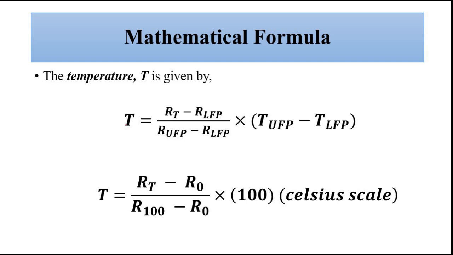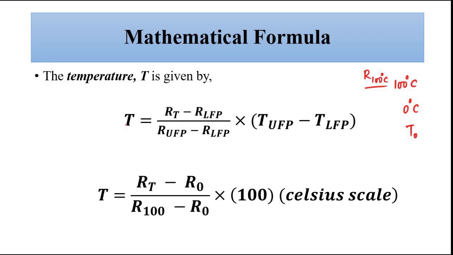we have an upper fixed point and a lower fixed point. The upper fixed point, if we take the Celsius scale, is generally 100 degrees Celsius, and the lower fixed point is 0 degrees Celsius. So this is the lower reference which is generally used. The thermometer setup is also brought in contact with boiling water, and we take the reading at that boiling point, the upper fixed point, that is 100 degrees Celsius.